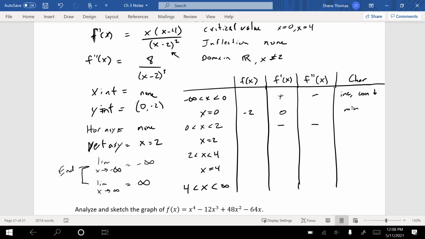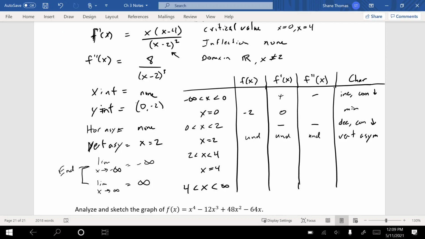It is what and what? Increasing or decreasing? Decrease. Concave up or down? All right, at x equals 2, I end up with undefined across the board, but that's my asymptote, so that's what it should be. Okay, that's my vertical asymptote.